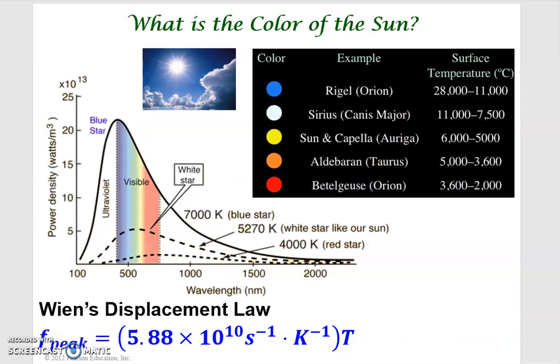And how about the true color of the sun? You can see that it really depends on the time of day, which is related to the path the light travels in the atmosphere. The color of the sun actually depends on the temperature of the surface of the stars. There are a bunch of stars, but they have different temperatures. The higher the temperature, the more bluish the color will be.